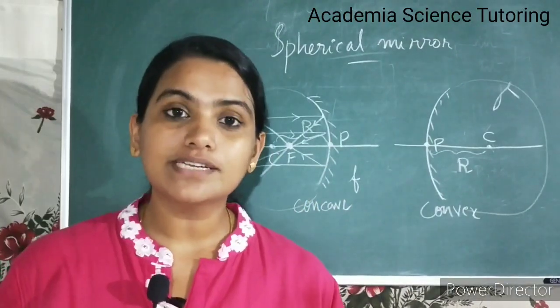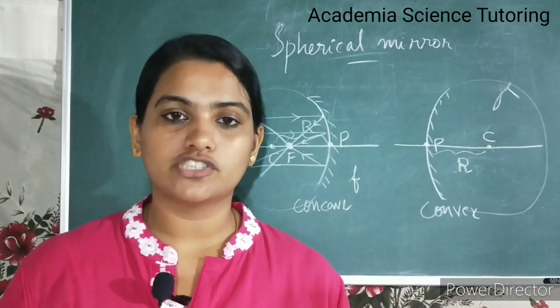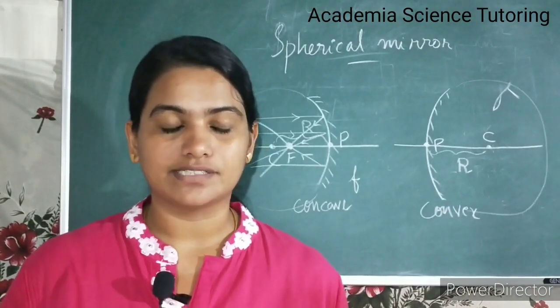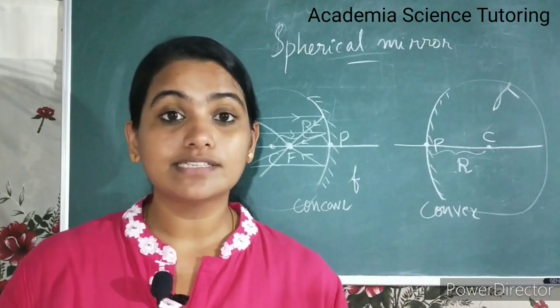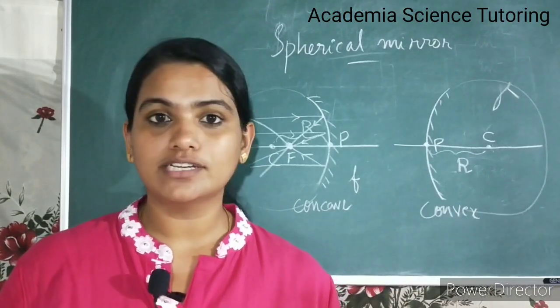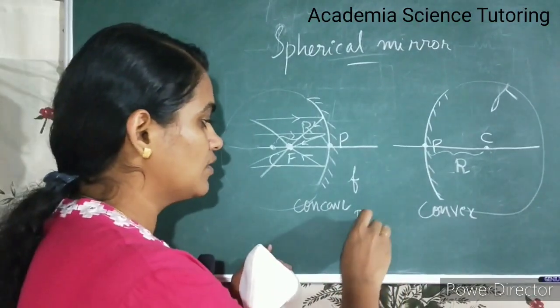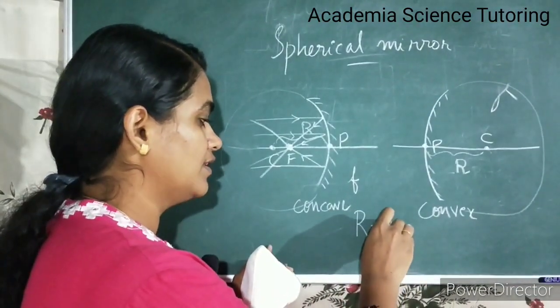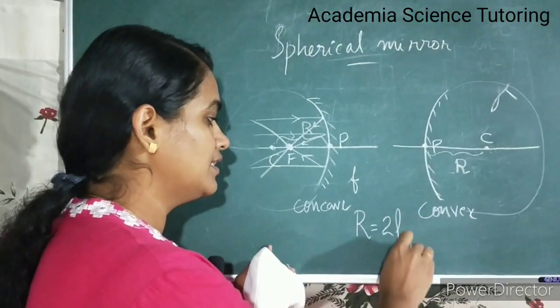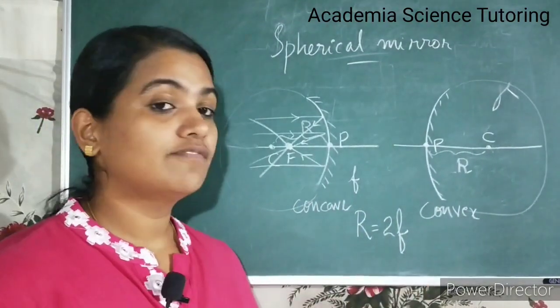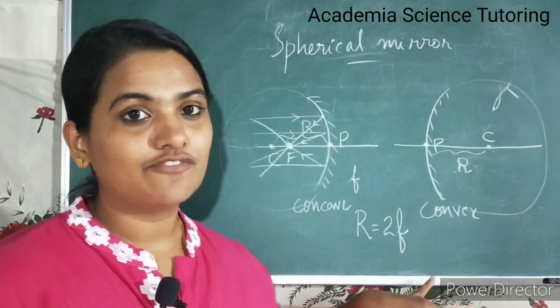For spherical mirrors with smaller aperture, what is aperture? It is the diameter of the reflecting surface. So for spherical mirrors with smaller aperture, there is a condition, that is R will be equal to double the focal length. The radius of curvature R will be equal to double the focal length.